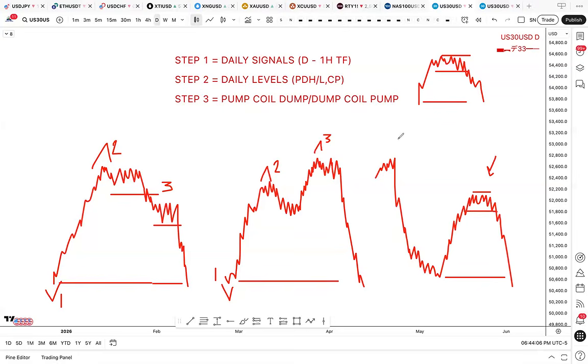These are the only models or variations that you need to know. I can pull up 100 examples for each. As a matter of fact, this was gold on Friday. Gold and silver, slightly different, but gold and silver.